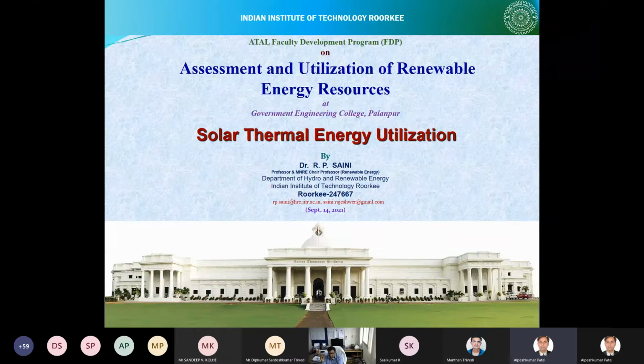The beauty of solar energy is that we can convert it directly into heat, or thermal energy, and into electricity without any other intermediate system. If you talk about hydro and wind, you can tap these resources, but to get electricity you first have to convert them into mechanical energy, which drives the generator that generates electricity.